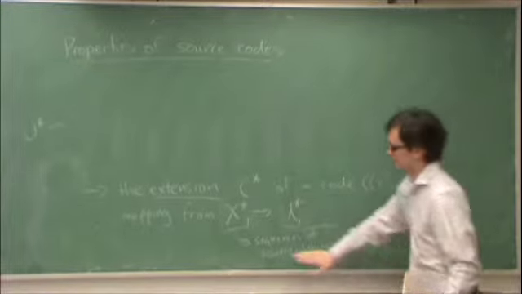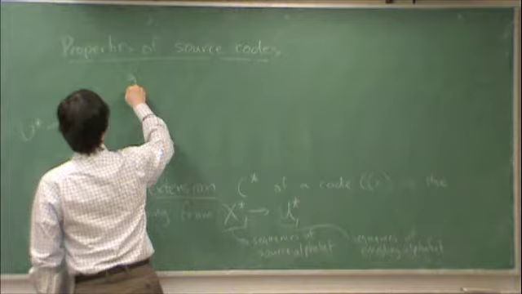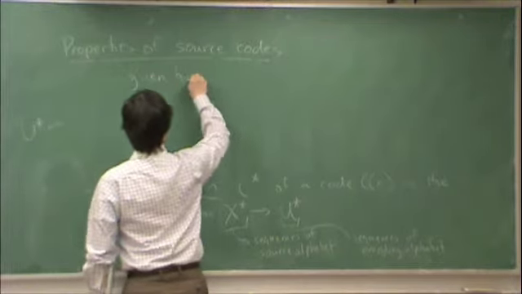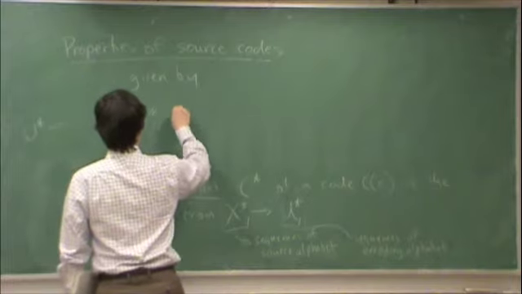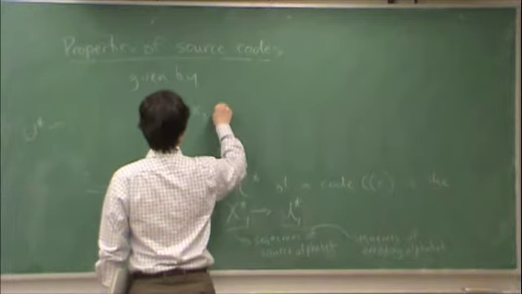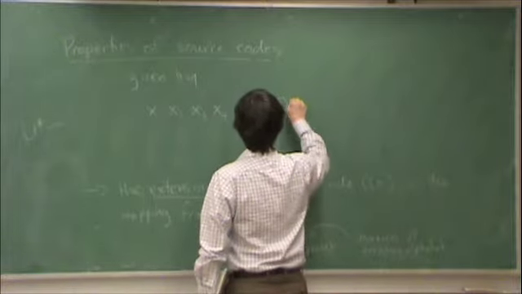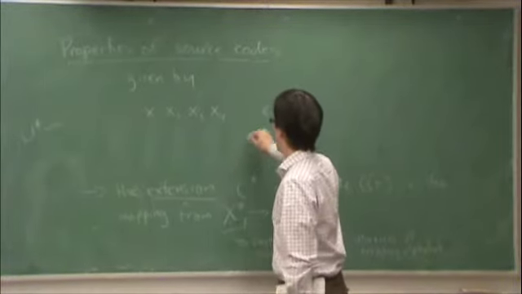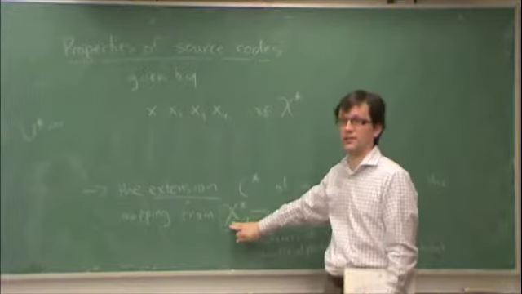This extension is given by the following. If I have a sequence x1, x2, x3, x4, and so on up to xn, this is some finite sequence of x, so clearly that's in x star.